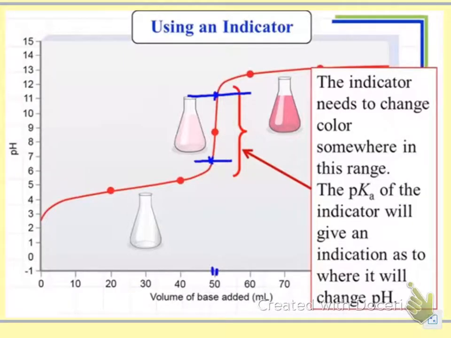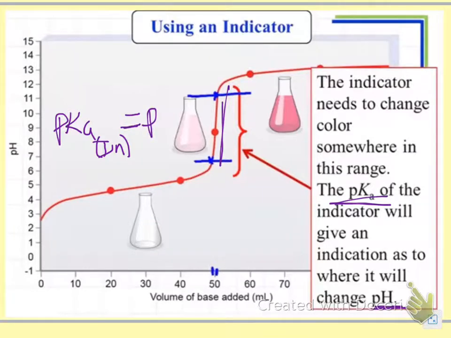To make that happen, you need the pKa of your indicator to be close to your pH within this range. So you want the pKa of the indicator to be as close a match as possible to a pH on the rise, or this area here.